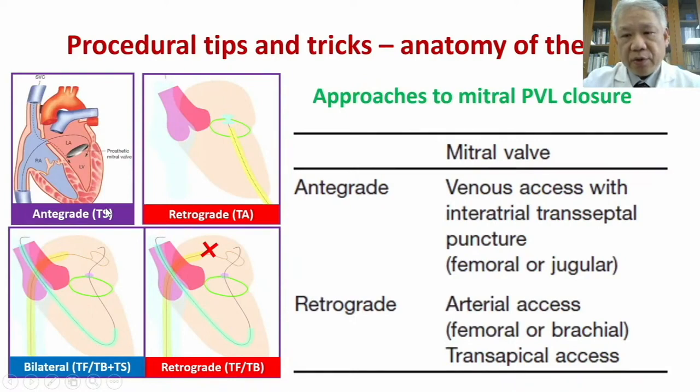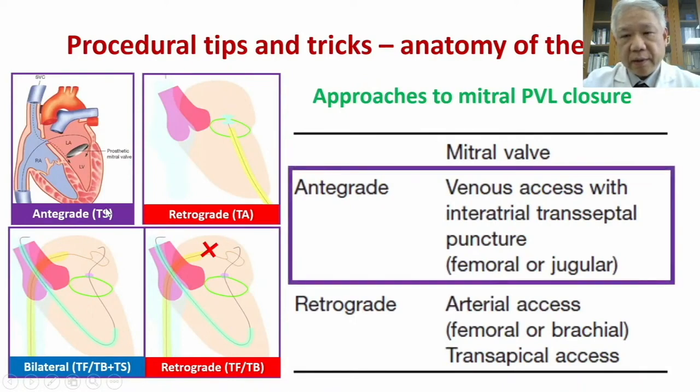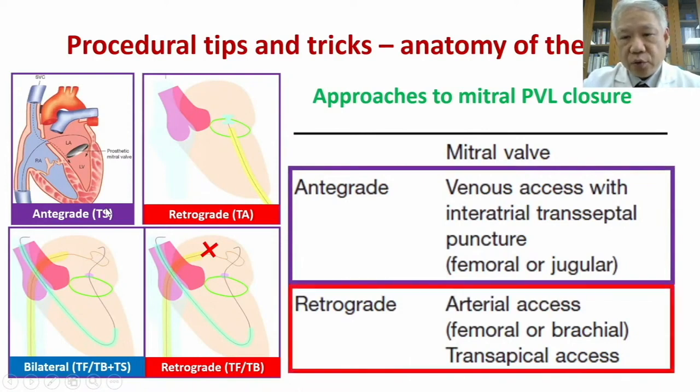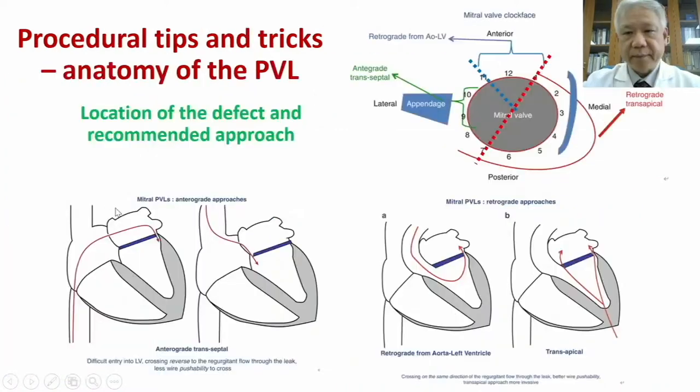You can do the procedure antegrade via transseptal through the femoral or jugular vein, or retrogradely through transapical or transfemoral or transbrachial. Or you can do a bilateral approach from transfemoral plus transseptal.